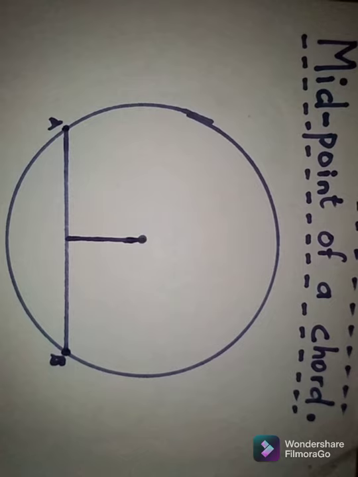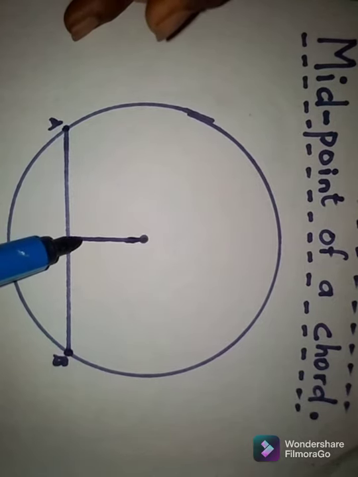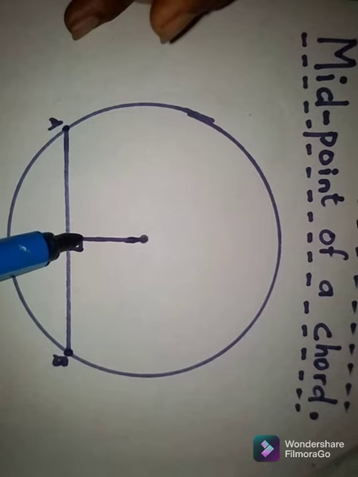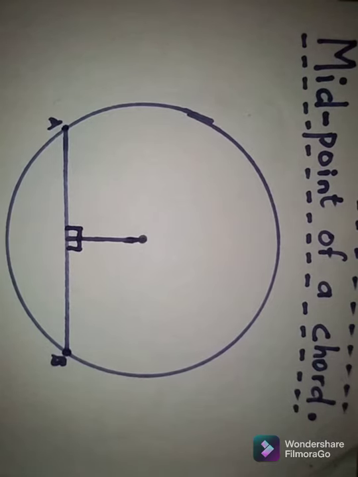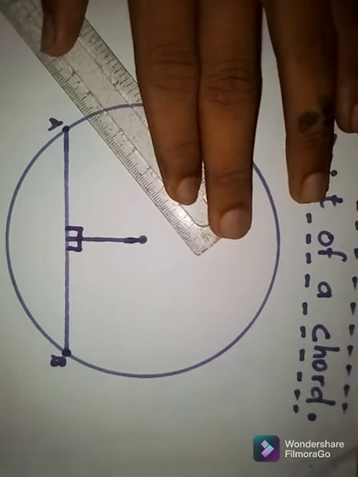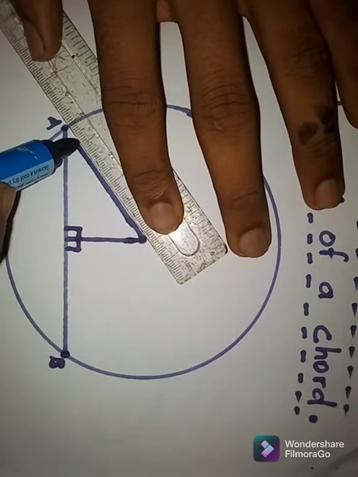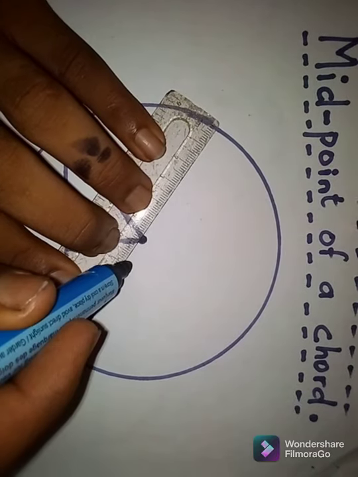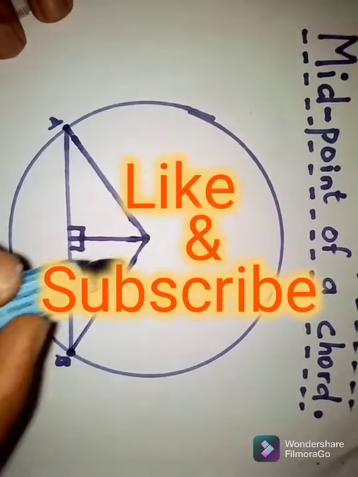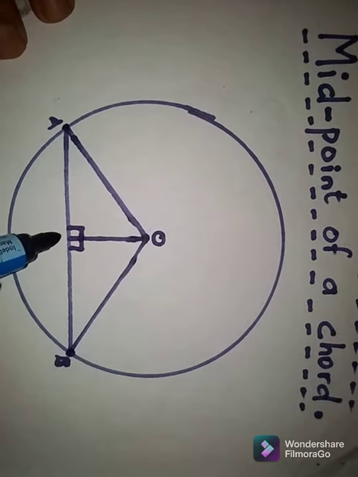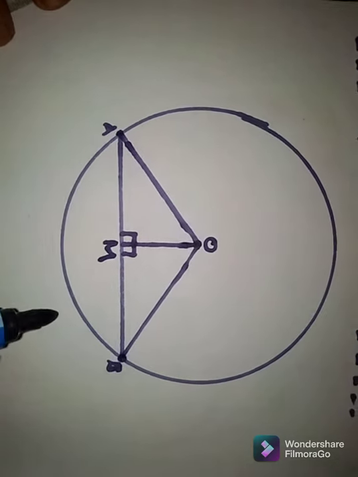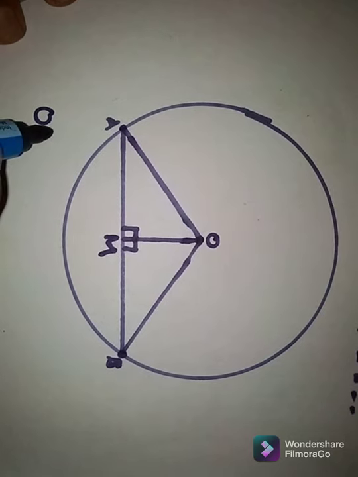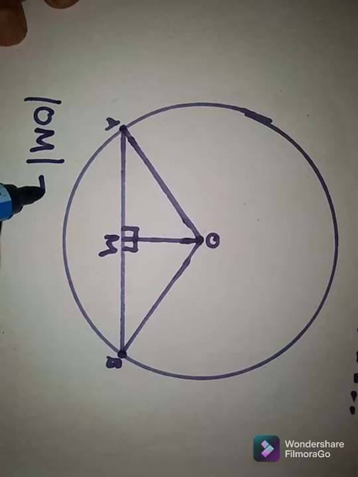So the law says that this angle here is 90 degrees, this angle here is 90 degrees. So if we decide to draw the radius of the circle this way, and call this O and call this M, now line OM is the midpoint.